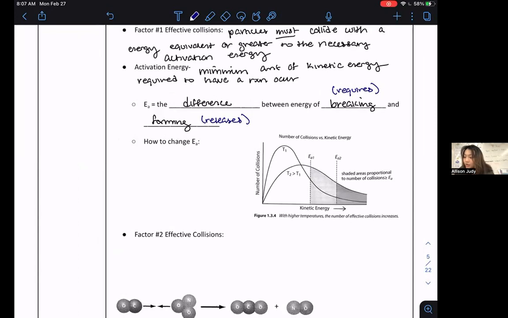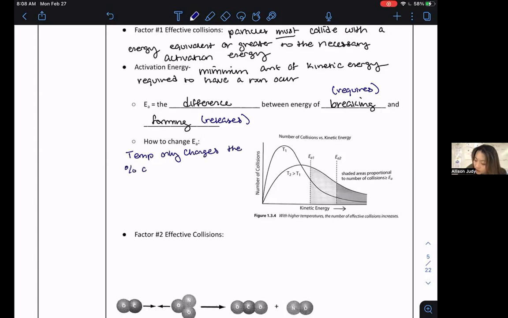When we think about this, temperature itself doesn't actually change the activation energy. It just changes the percent of particles that can reach the activation energy.